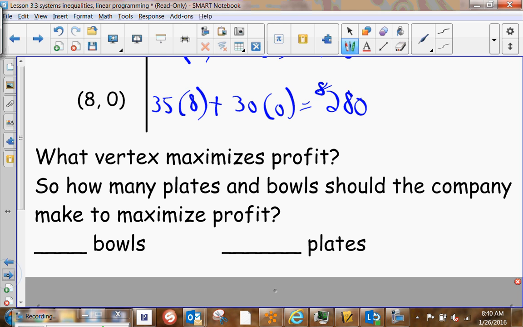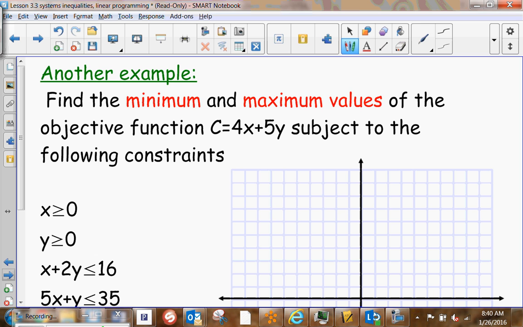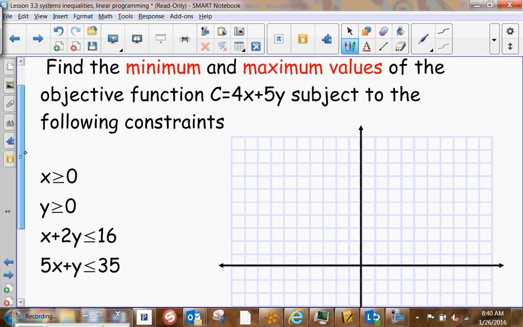Okay. All right. Here's another example. I'd like for you to do this one on your own this time. And what I've given you here, I'm not giving you the whole business model. I'm just giving you the constraints and what somebody's come up with.